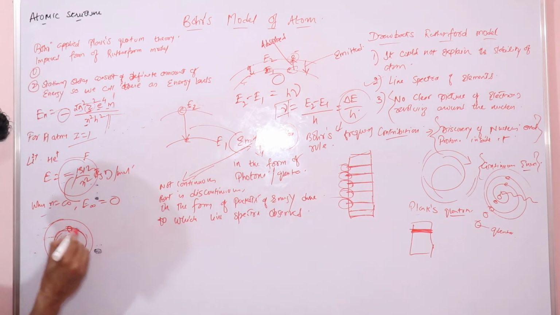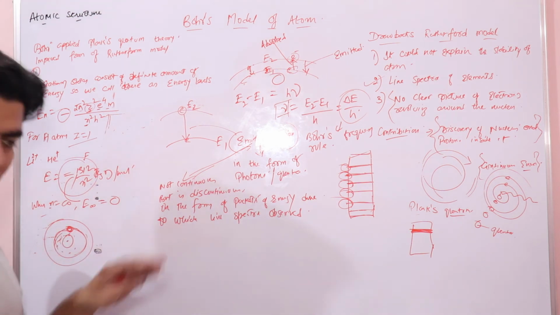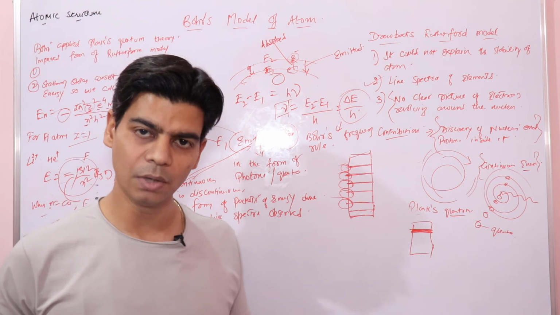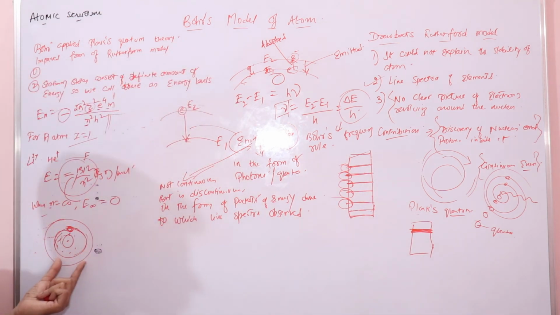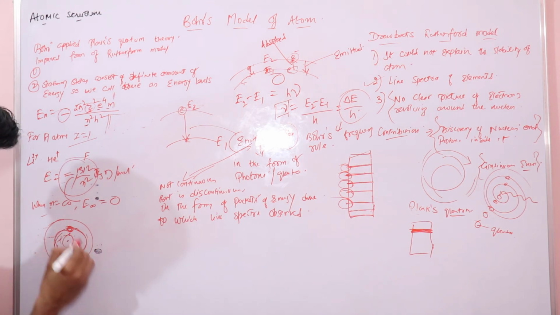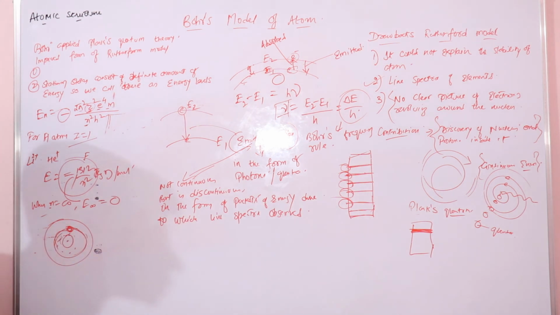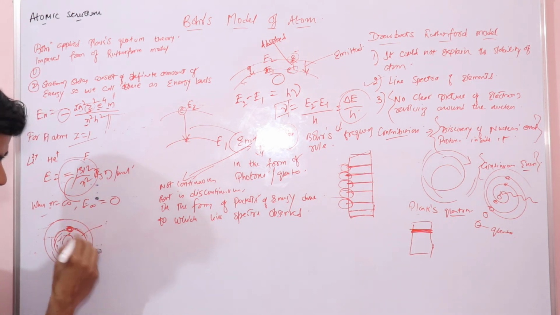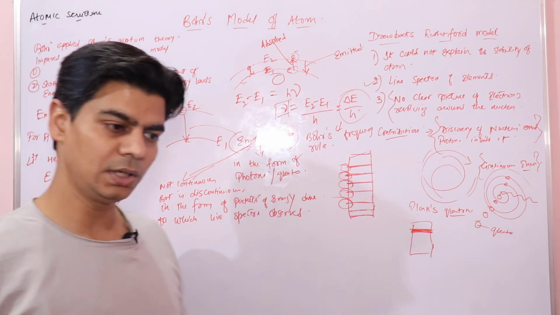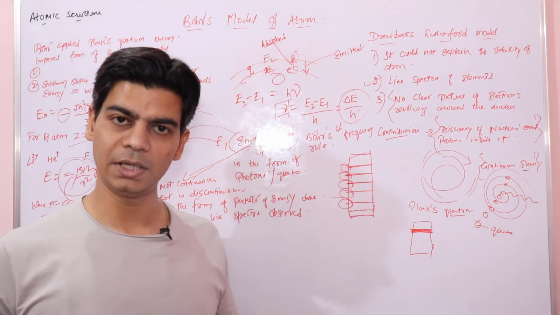It will keep moving in this lowest energy state and will not radiate any energy, because the ground state does not have any orbit below it. So it will not fall below the lowest orbit, and it will keep revolving without radiating energy.